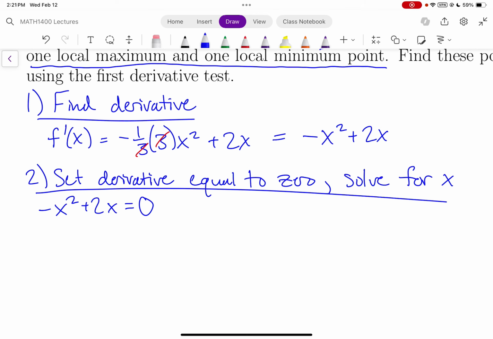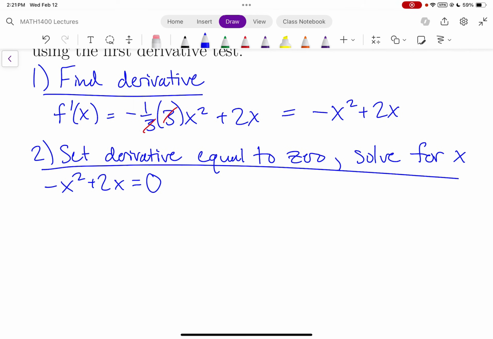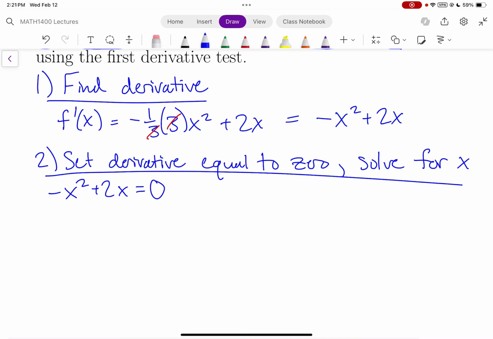Now I want to solve this equation for x. This one isn't entirely obvious. Technically, you could use the quadratic formula, but something that I notice is that both of these terms have an x in them, and so I can pull out an x. I'm going to pull out a positive x.